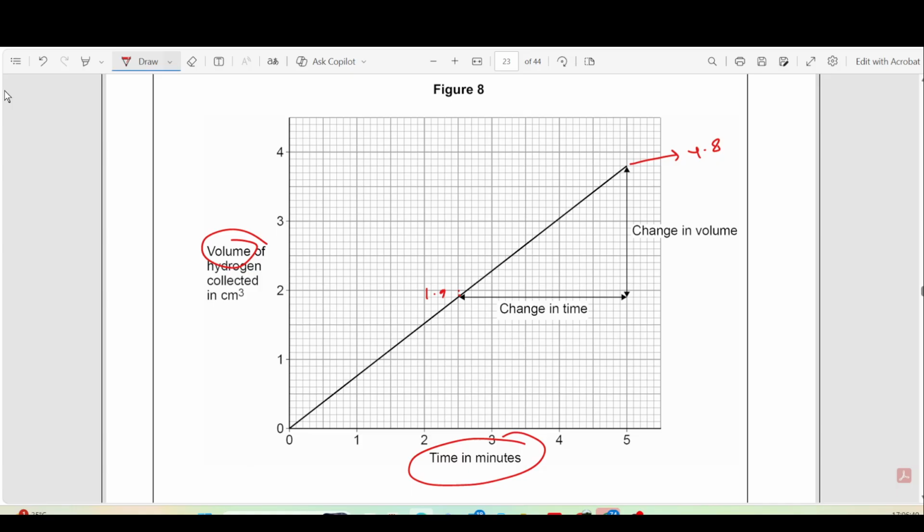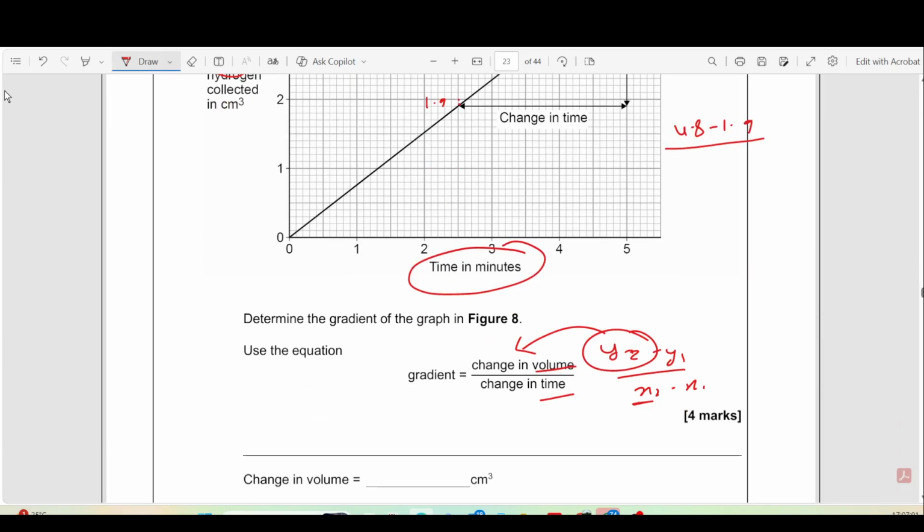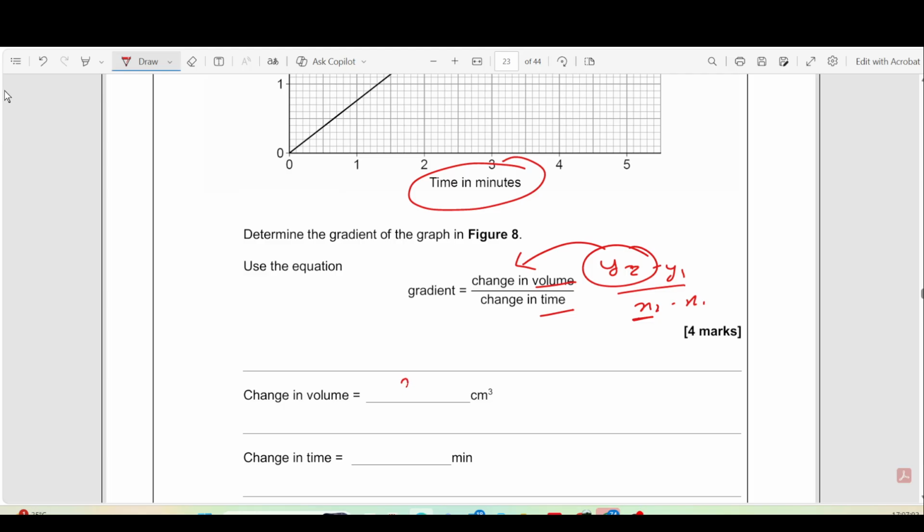How do we find change in volume? Just do final minus initial. 4.8 minus 1.9 is 2.9. So the change in volume is 2.9.